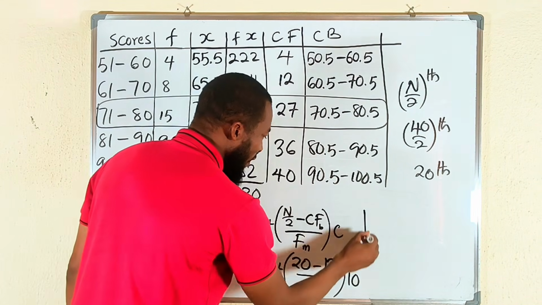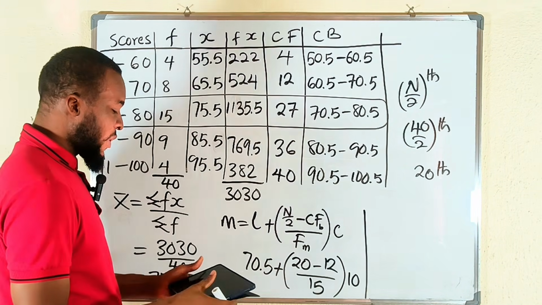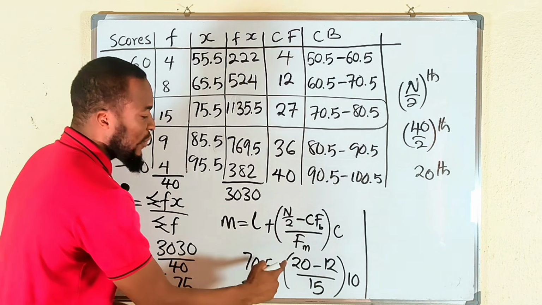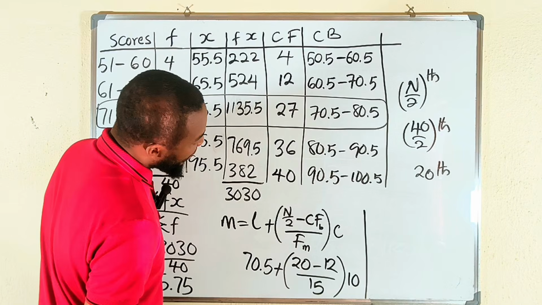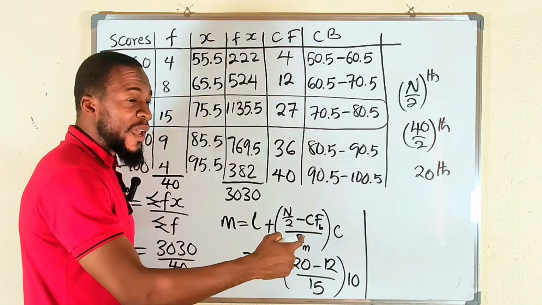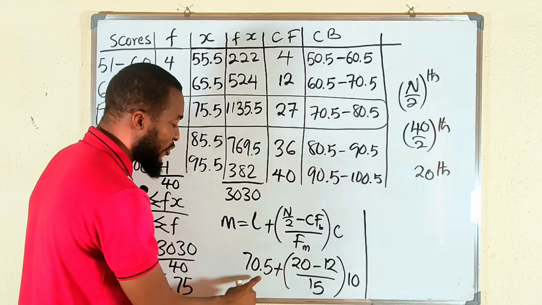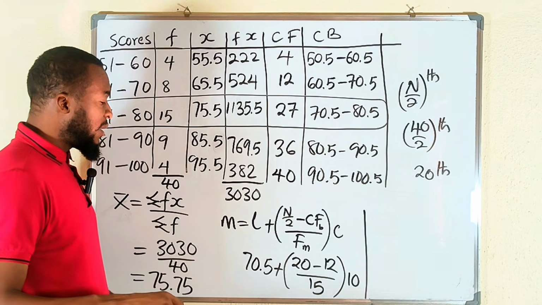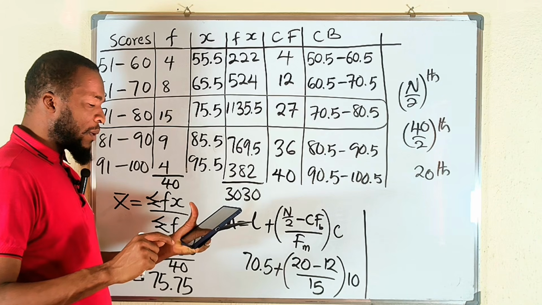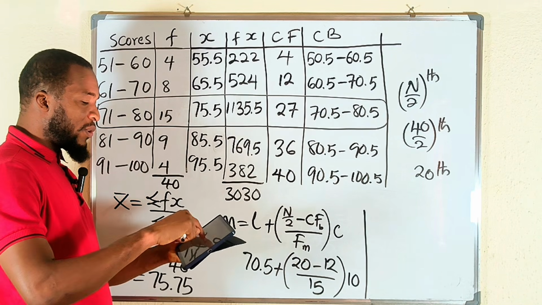If you simplify this, since we have limited space, let me do that here. If you take 20 minus 12, that is going to give you exactly 8. Then you divide 8 by 15. Whatever you get, you multiply by 10. The result should be added to 70.5. Let me compute it here.